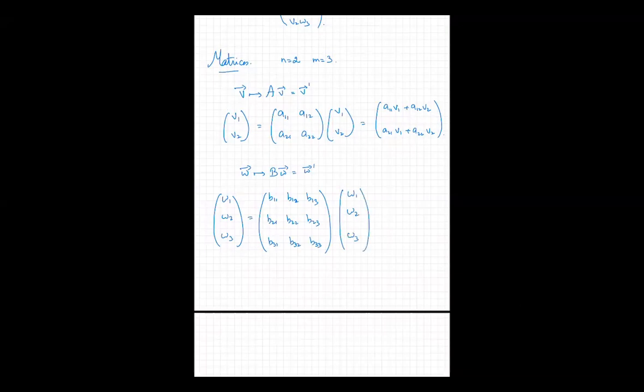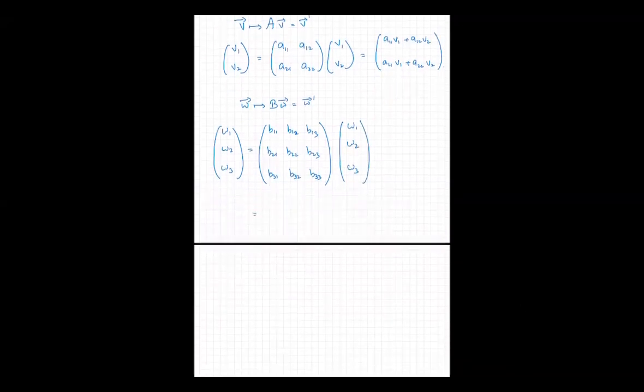Okay, so this will be a slightly more complicated one than the last. So you'll have B11 W1 plus B12 W2 plus B13 W3 as the first entry, and so on.